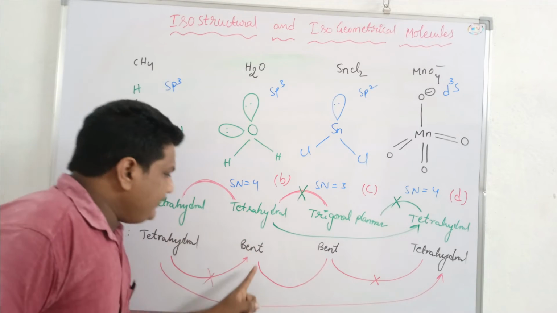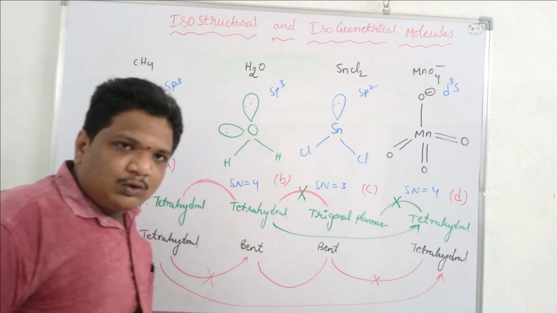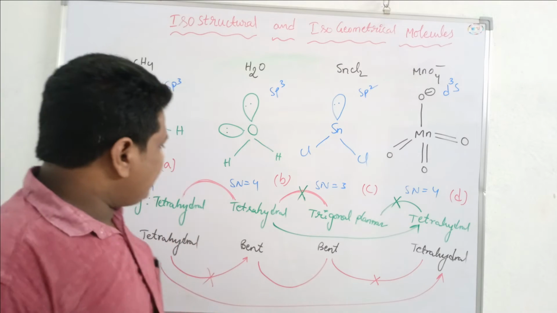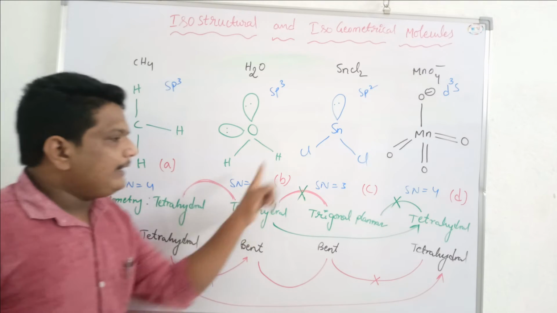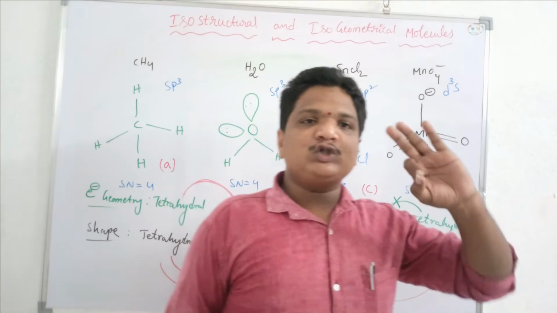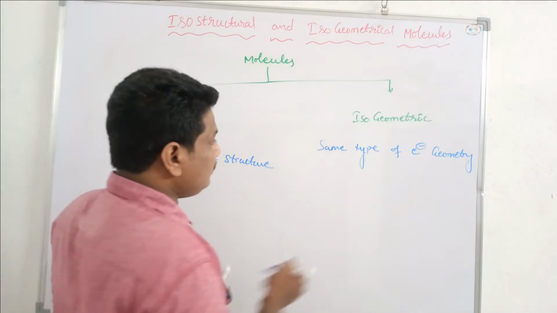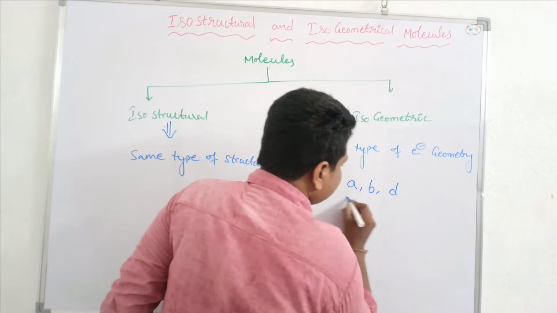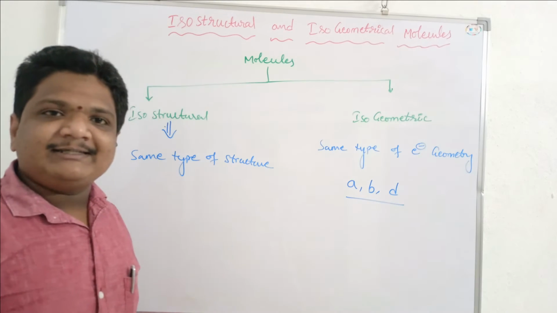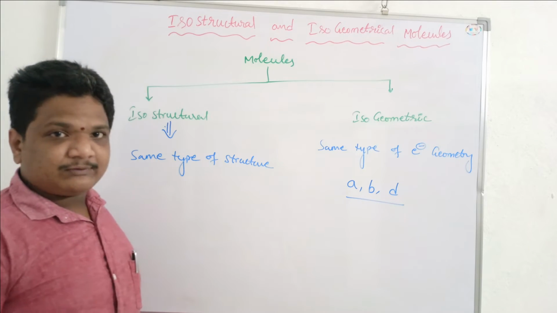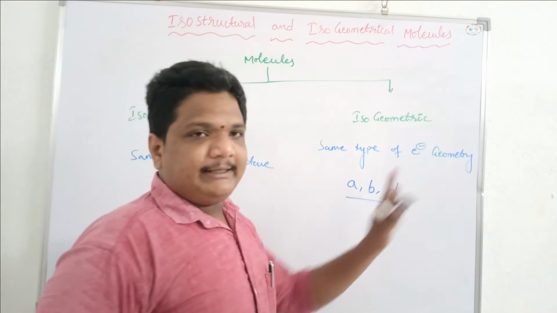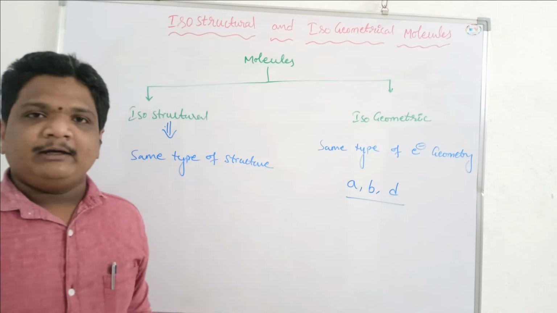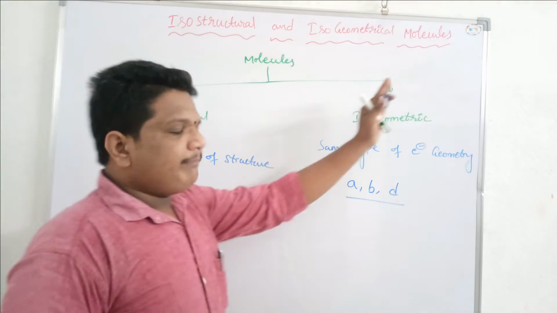B and C are also isostructural species, and A, B, and D, these three are isogeometric species. Molecules A, B, and D have the same kind of geometry, so these A, B, D molecules are isogeometric molecules.